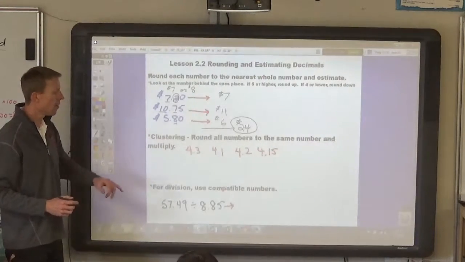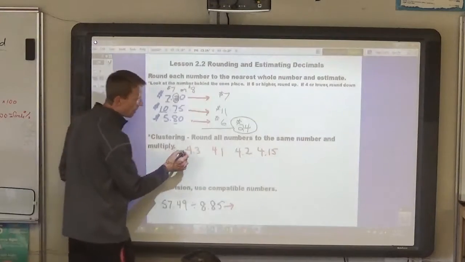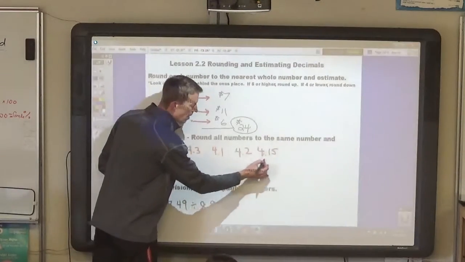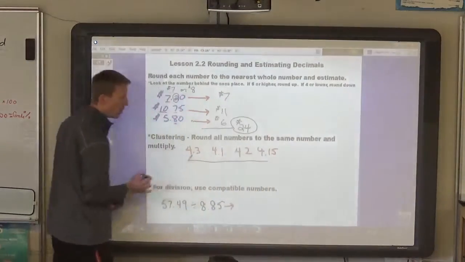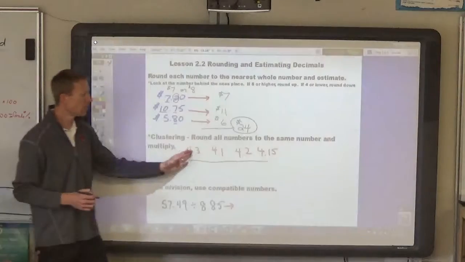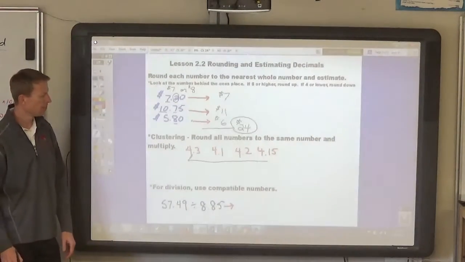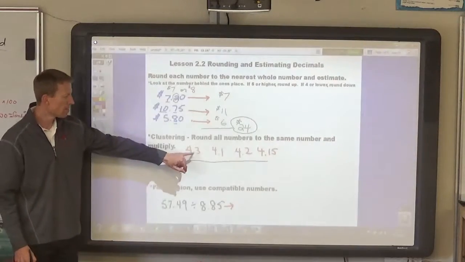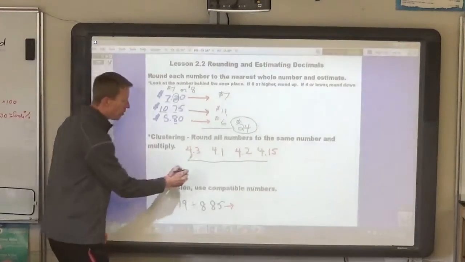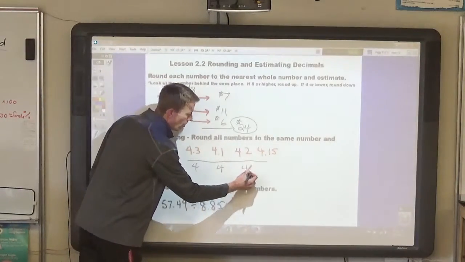Now, there's another method that you're going to use. In this case, if you have all the numbers that are kind of close to a whole number, you will count up the numbers and multiply. Like this. Since 4.3 is close to 4, 4, 4, and 4.